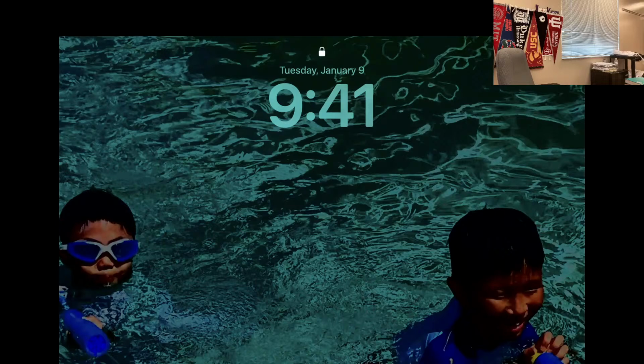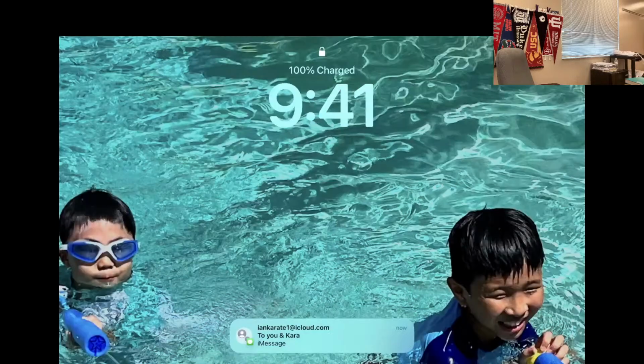What? Okay. Left 2. 5-3. Fuck. Get it all.